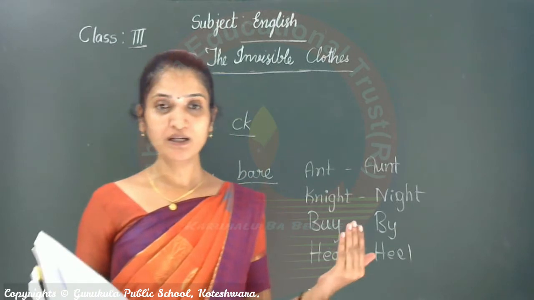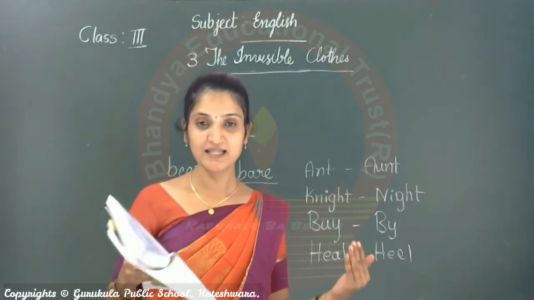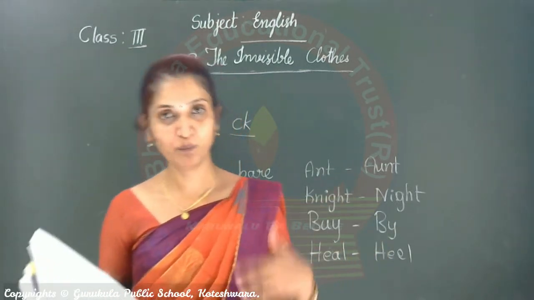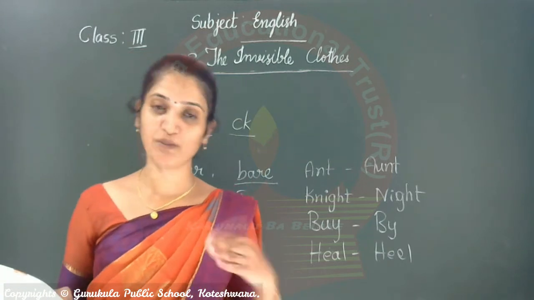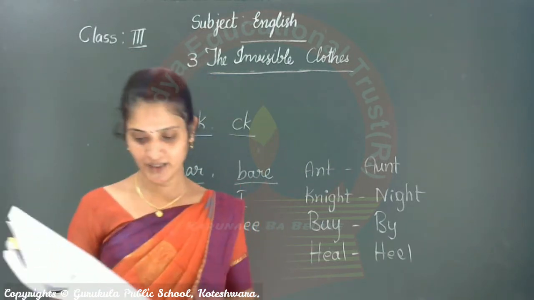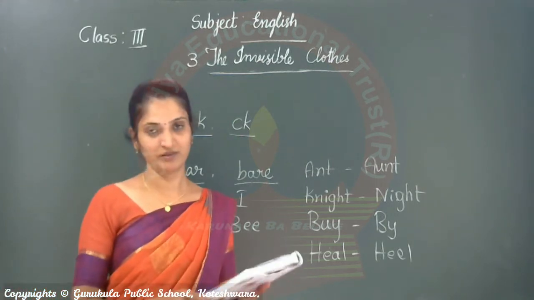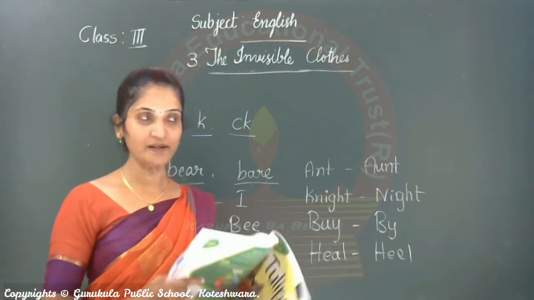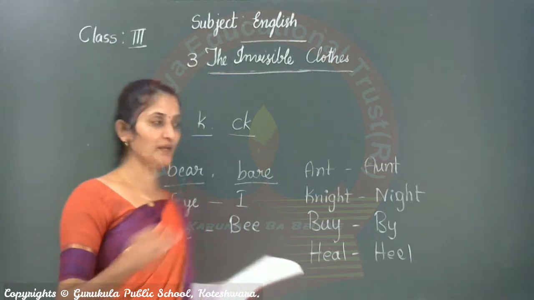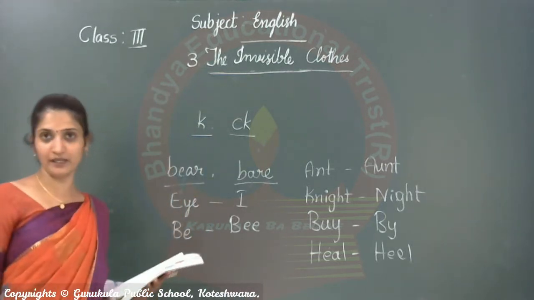And as I said, cite, C-I-T-E, and site, S-I-T-E. Both sound alike, but the spelling and meaning are different. See, we call these homophones. Okay. Spellings are different, meanings are different, but the pronunciation is the same.